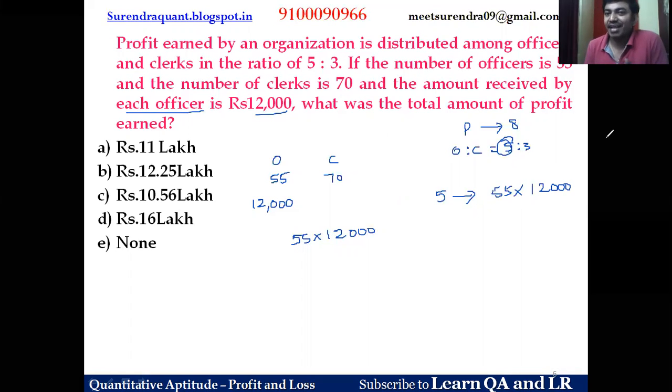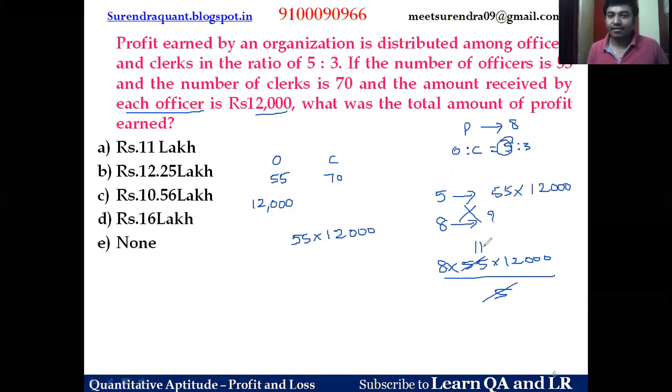So total profit is 8 parts, right? So if 5 parts is this, 8 parts is how much? Simple cross multiplication. This is 8 into 55 into 12,000 by 5. So 5 goes 11 times here. 11 into 8, 88. So 88 into 12,000. 12 into 1,000, right?